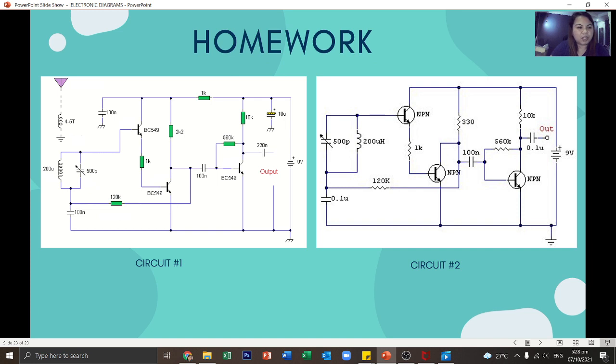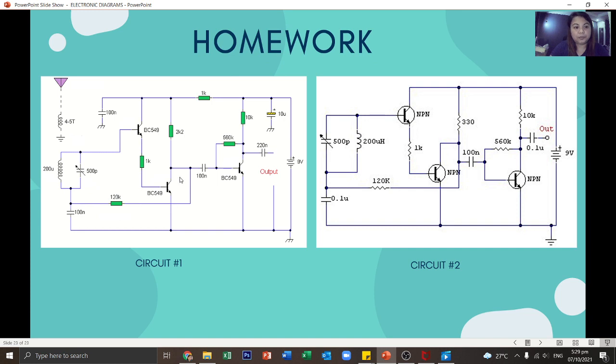First you need to copy this drawing on your paper, then label them based on the prefix that is assigned for each component. For example, this 1K is a resistor. There are lots of resistors, 1, 2, 3, 4, 5, 6, so you should label them uniquely. So you have R1 like that.